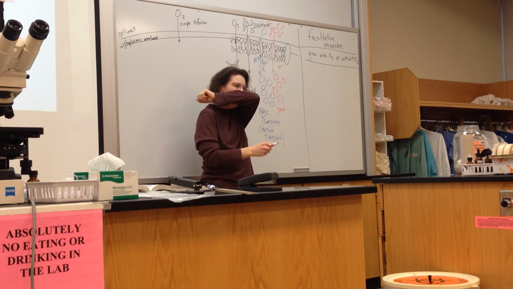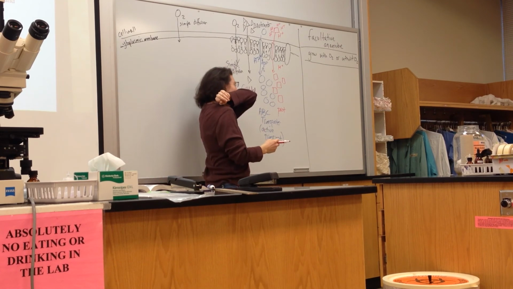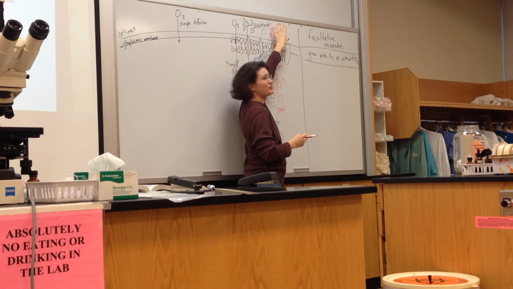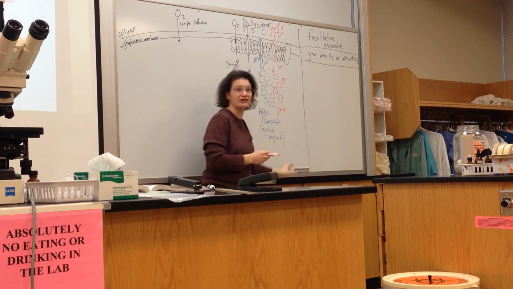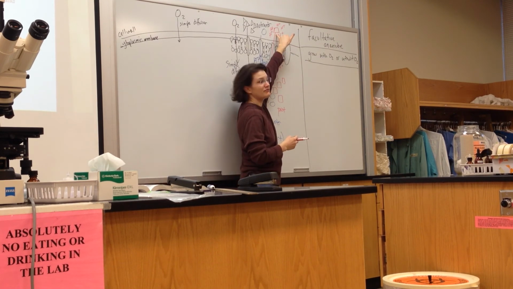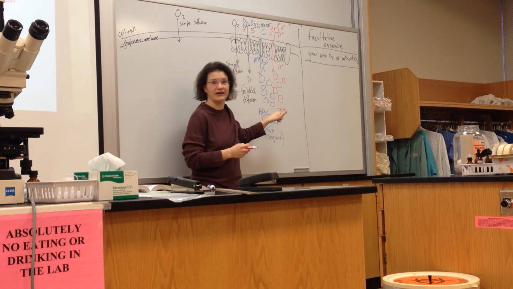We're harnessing the energy of that proton movement from an area of high concentration to low concentration and using it to transport material from an area of low concentration to an area of high concentration.